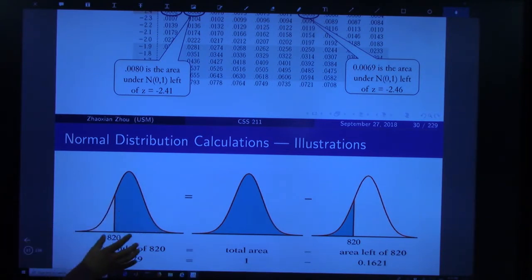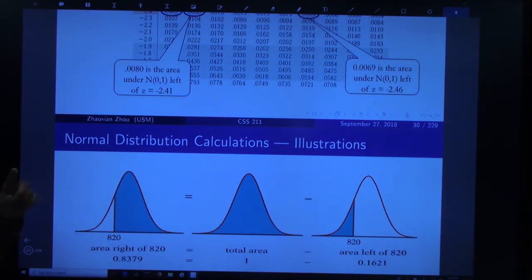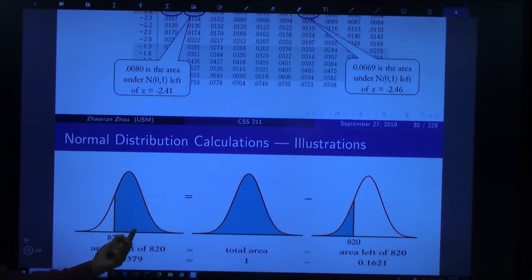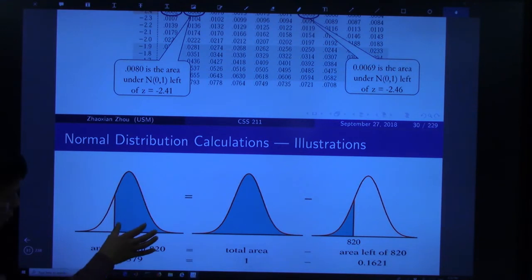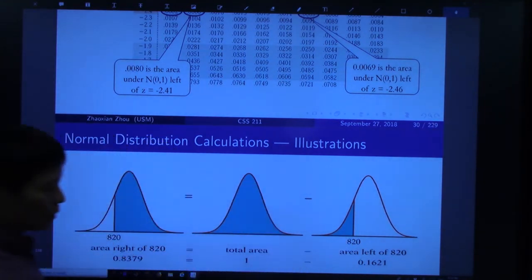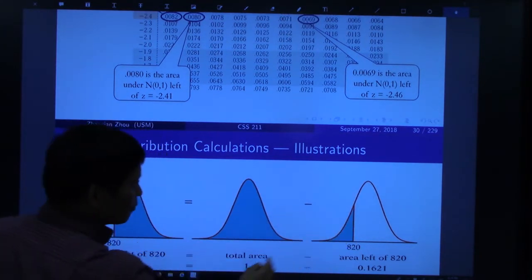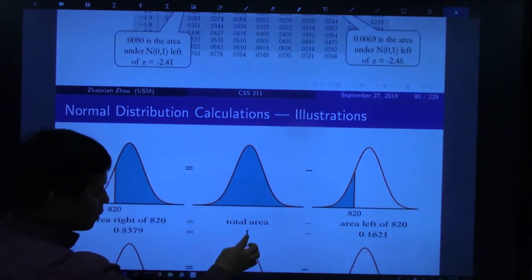If we want the proportion from this point to the right, how do we do this? We remember that the total area of the density curve equals 1. So this blue part equals the total minus the left part, and the total area equals 1.